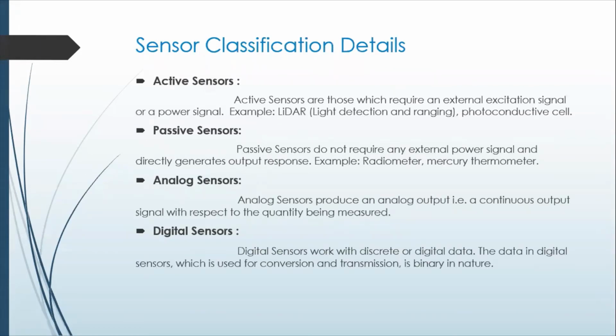So to go into more details on these, active sensors need some kind of external power to operate. So generally that is an applied voltage. And that is almost every sensor that you will use in automation. If it has an output that is electrical, then it generally needs an electrical signal to be able to operate.